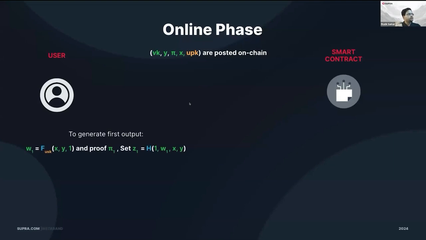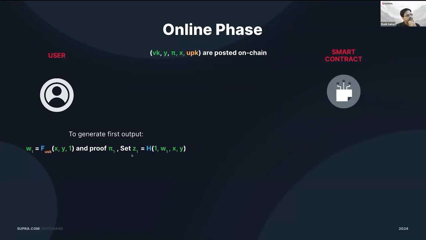Now to generate the first extended output, the user will compute W1, which is the VRF computation on X, Y, and a counter 1. This is performed using its own secret key, USK. And this gives the user a proof pi 1.